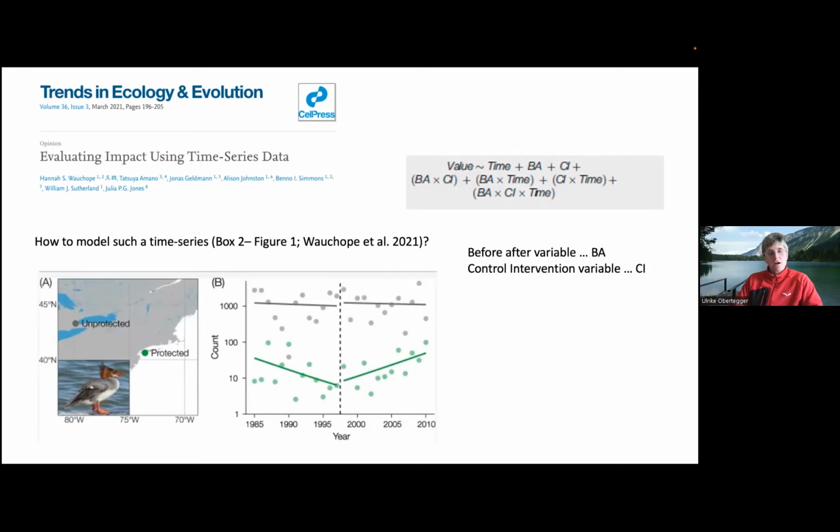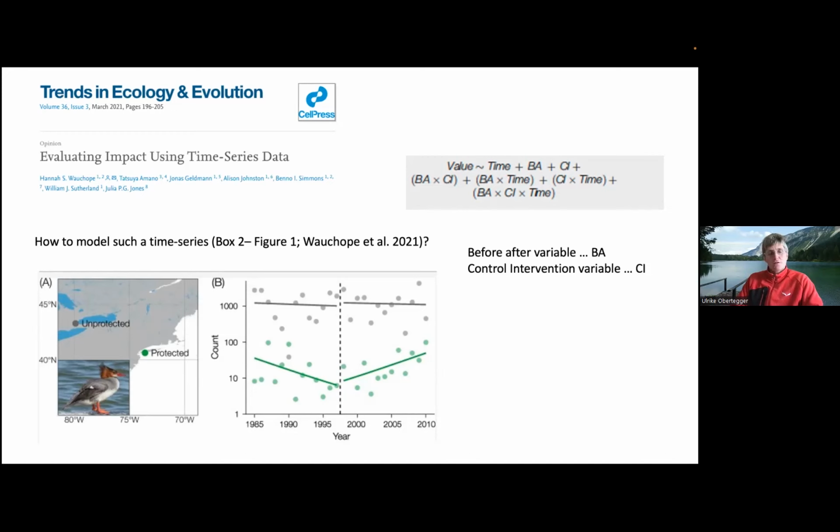You had two areas, the gray one and the green one, and until a certain time, both areas were unprotected, and then the green one changed protection status from unprotected to protected. And they continued monitoring the birds there. After a certain time, they wanted to know if this change in protection status had an impact on the presence of birds. So I was really interested in this study.